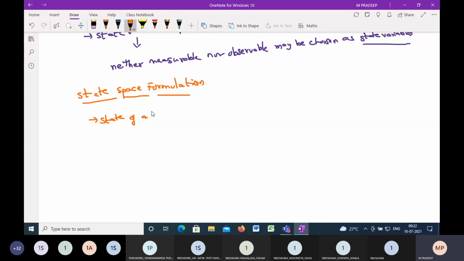For every state of a dynamic system which we consider, we provide some set of variables. Those variables are known as state variables.